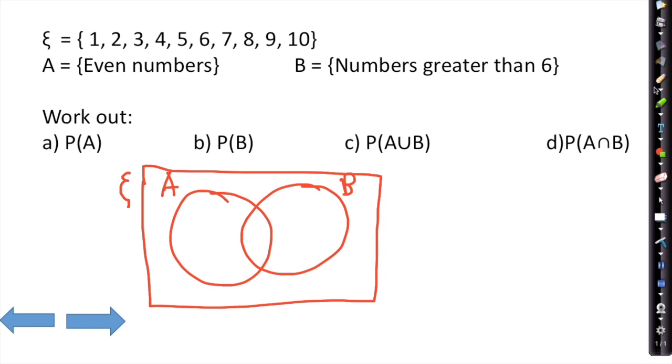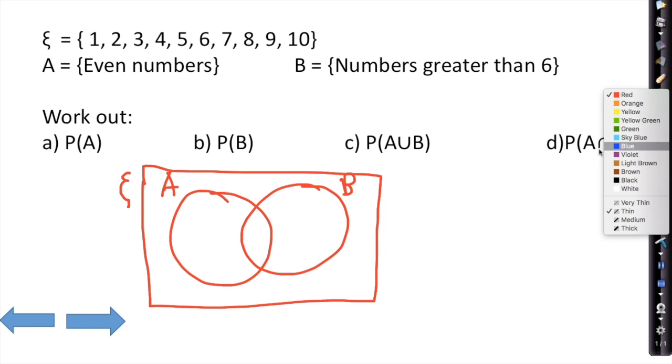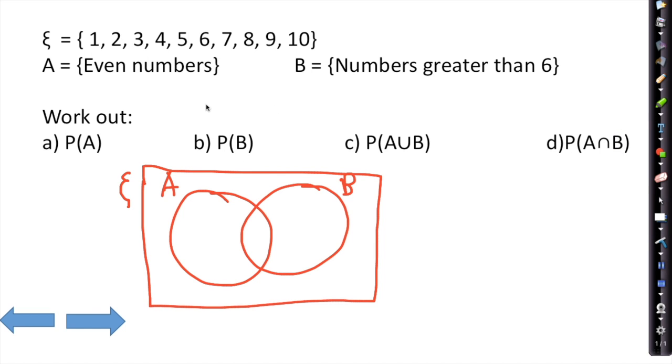So numbers I'll do again in a different colour just to highlight them. So even numbers and numbers greater than 6, well, first of all, the numbers between 1 and 6 which are not even will be outside, so 1, 3, and 5. A is the even numbers, which if we ignore B at the moment, the even numbers less than or equal to 6 would be 2, 4, and 6.